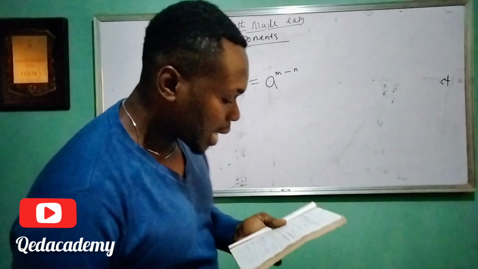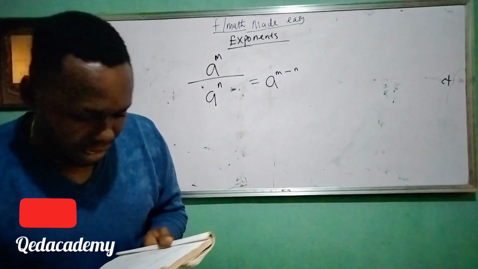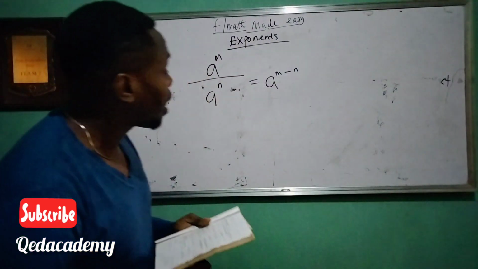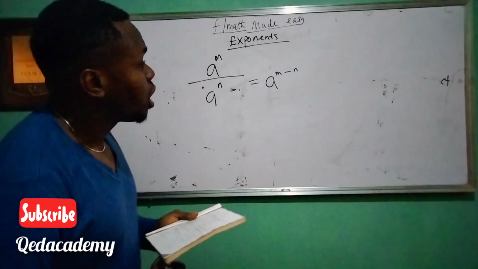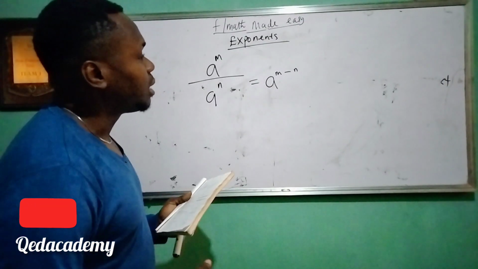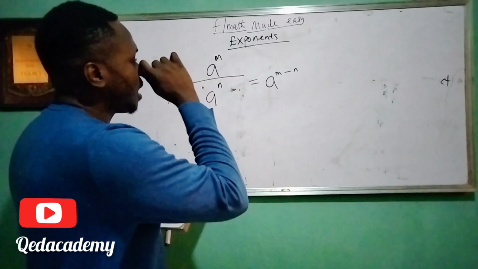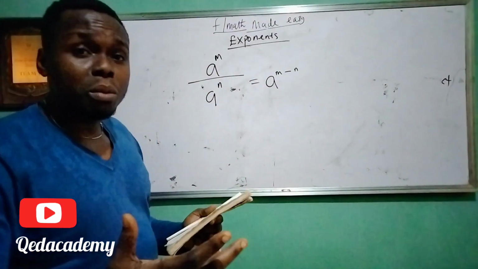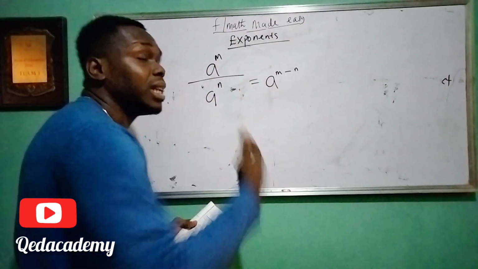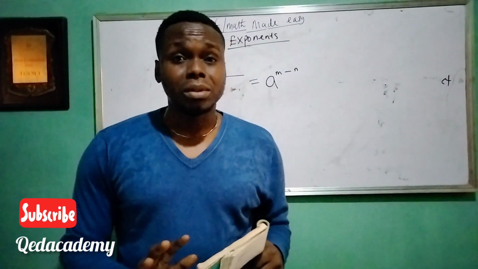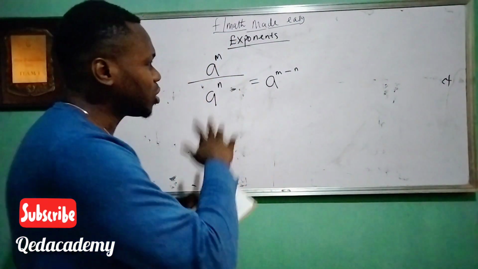Yes, so that can further be expressed in that form. This tells you that a must be the same number, while m and n can change at any time. So this is the general presentation.